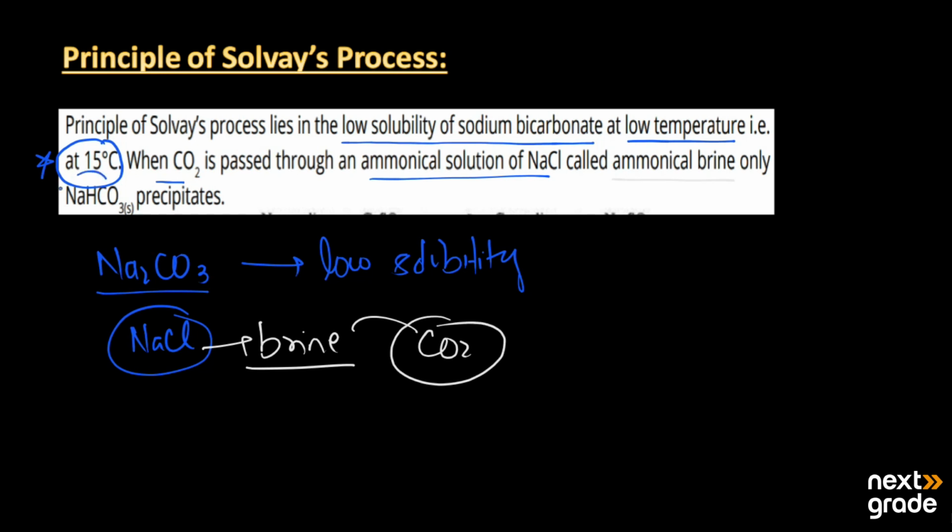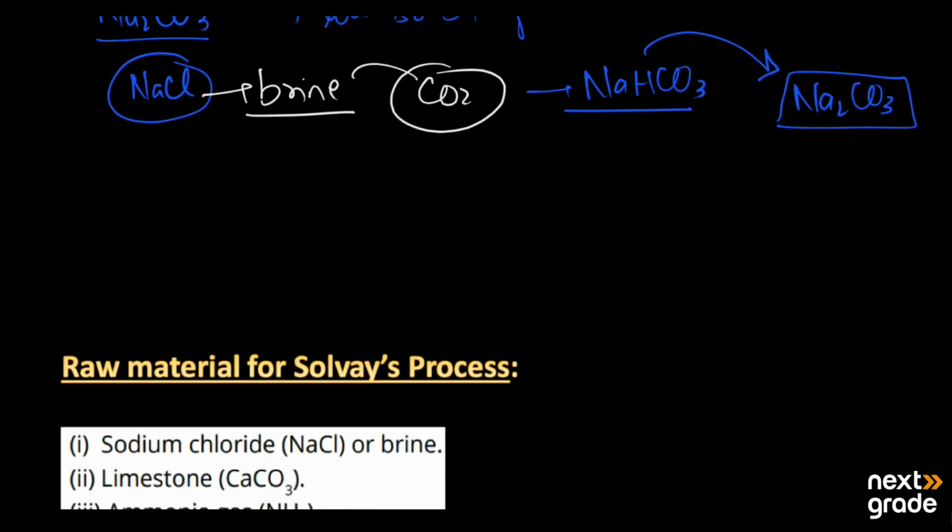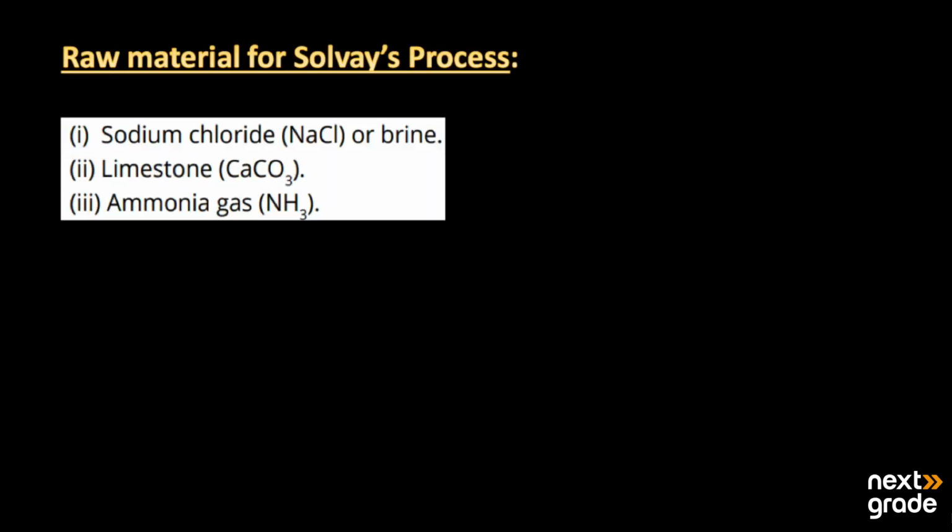At the end, we prepare a product which is known as sodium bicarbonate. And after the preparation of sodium bicarbonate, we have the production of sodium carbonate. So this is the simple principle of the Solvay process, that it relies on the low solubility of sodium bicarbonate at low temperature.